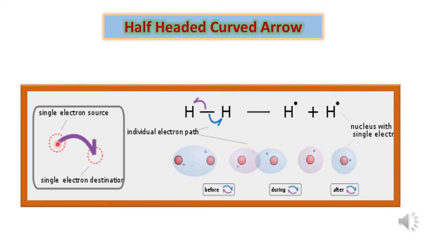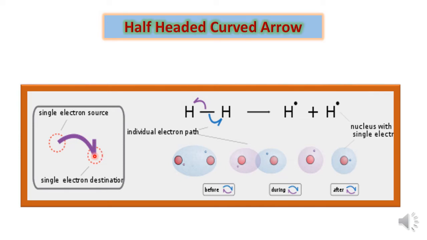But the significance of the tail is the same. It indicates the electron source, and the destination indicates the single electron destination. Here only one electron is transferred.